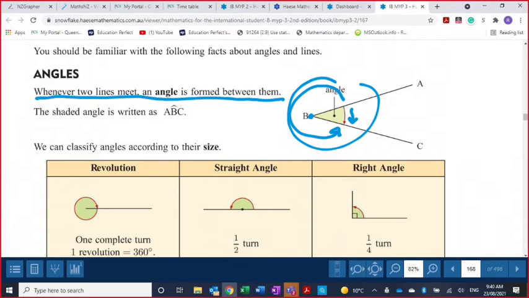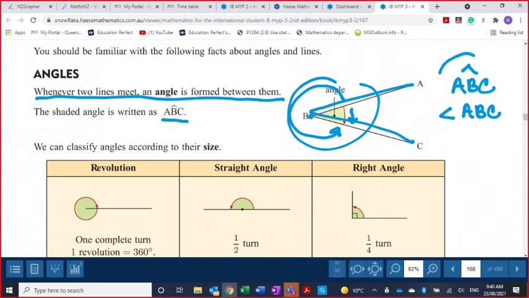We're going to talk a little bit about how to write that in the notation. There are two notations for angle. You can write angle ABC, and you can put a little hat on it, and that is a symbol for angle. Or you may see this little symbol for angle with ABC afterwards. Both of those mean exactly the same thing. This book uses this. Most other books that I've seen in the higher level books typically use this. They say angle ABC.